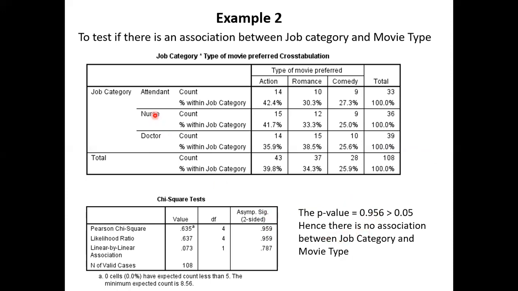You can see attendant, there are 33 of them. Action 42%. Nurse 41%. Doctors about 36%. These percentages are not much different. So we say there is no association between job category and movie type.